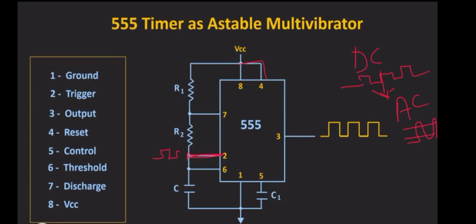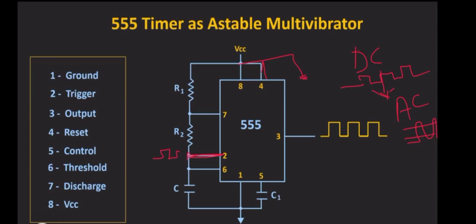If you want to reset, if you give it to the negative or ground, the IC chip will be reset. So always for operation of astable as well as monostable multivibrator, pin number 4 will be given to positive VCC. And pin number 5 is control.